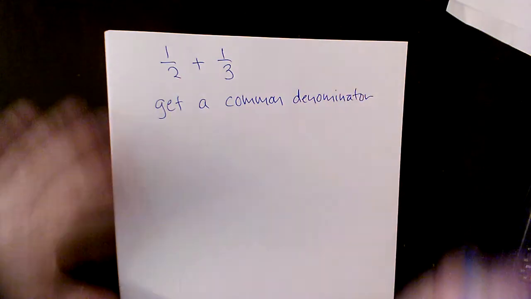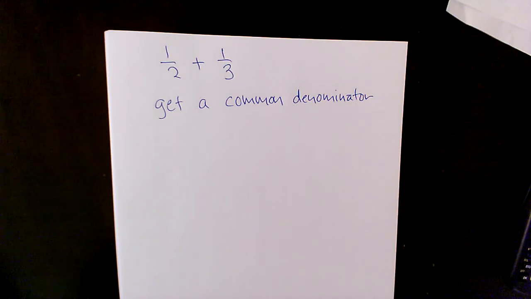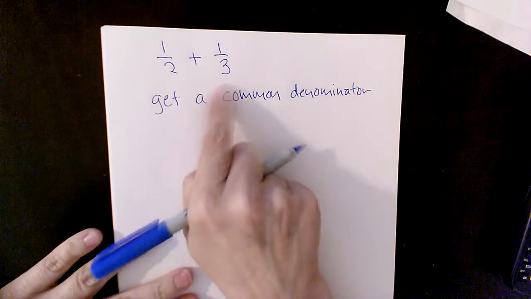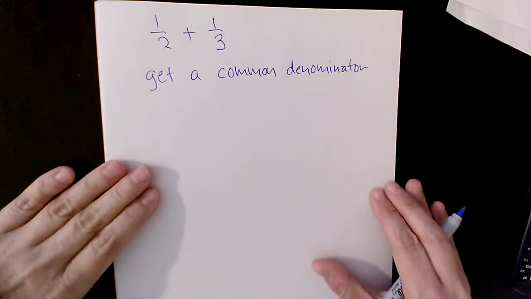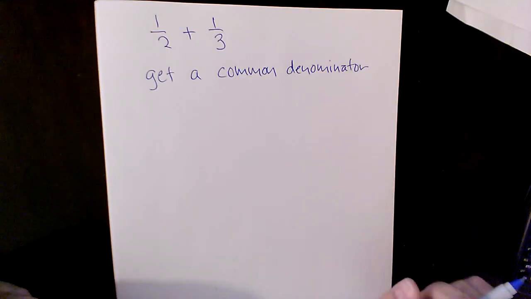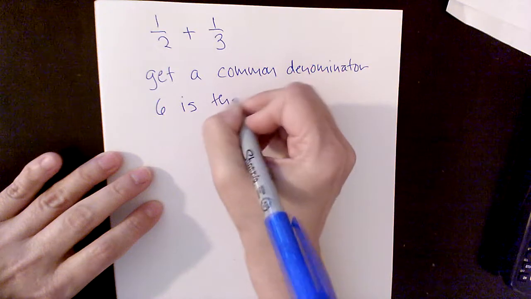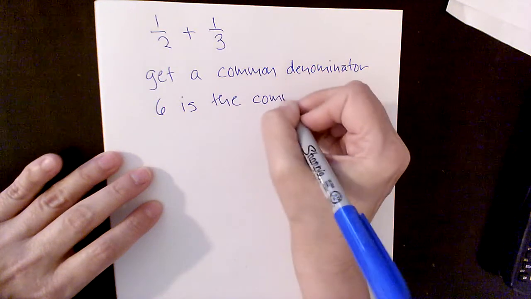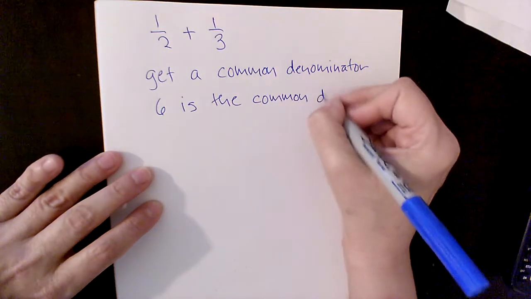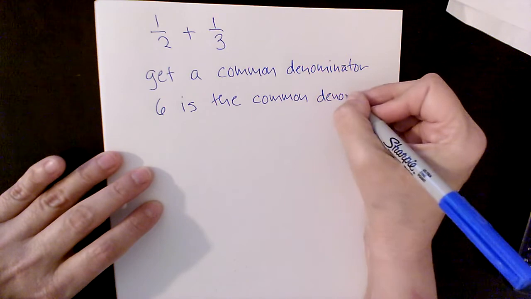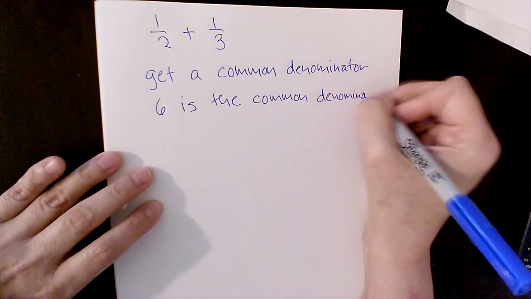Well, what's a number that 2 and 3 can both go into? Well, or you could multiply 2 times 3 and get 6, which is the common denominator. Or you could do an LCM if you remember that from Math 85.